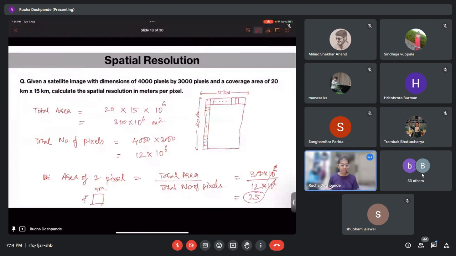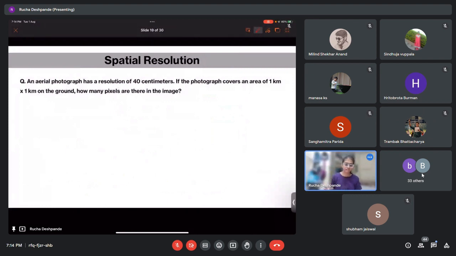Okay, so you can try this question for a while. It's almost similar, so it should be easy.